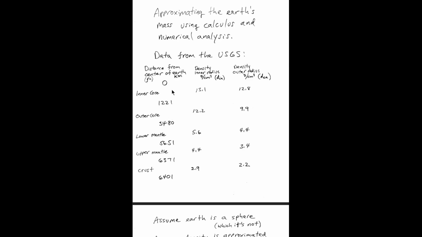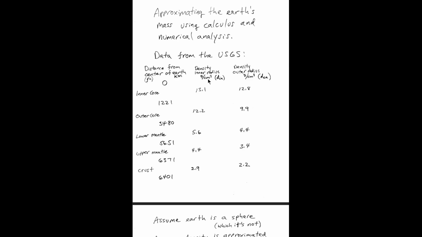And in the next column, each layer is given two densities. The density at the innermost radius and the density in the outer radius of each layer. And these are in units of grams per cubic centimeters.